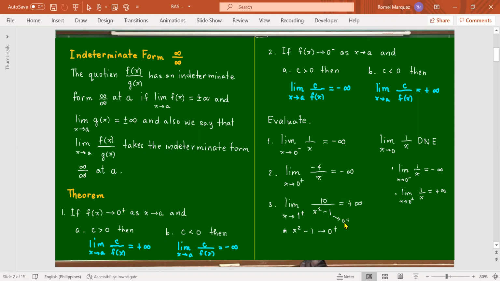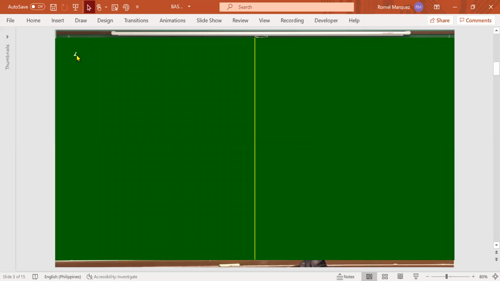Okay? So what about if I have number 4, the limit as x approaches, let's say 2, of 3 over (x minus 2) quantity squared.